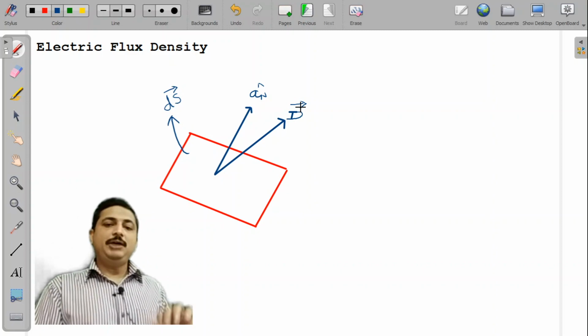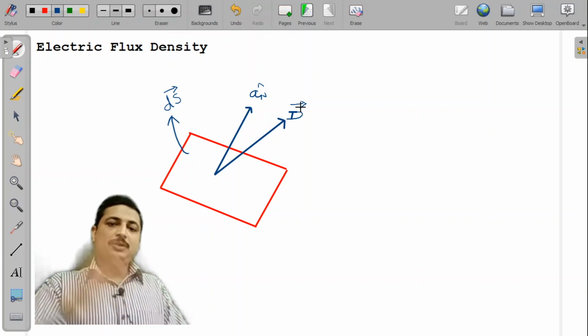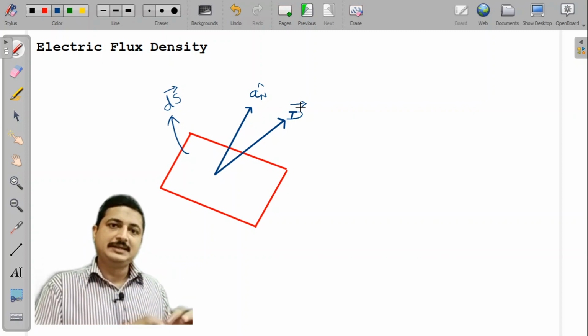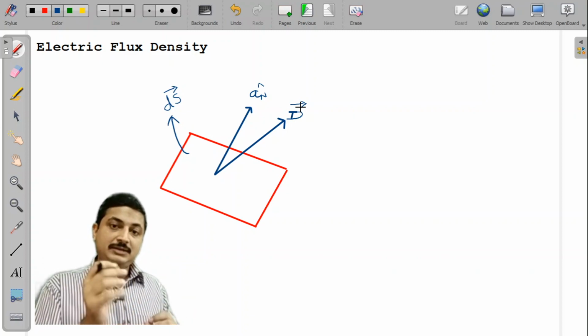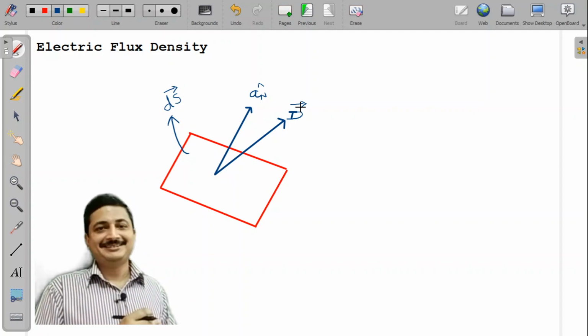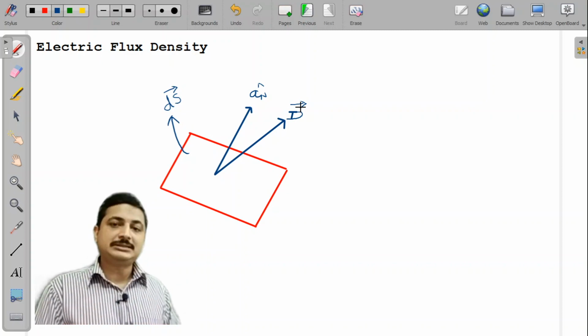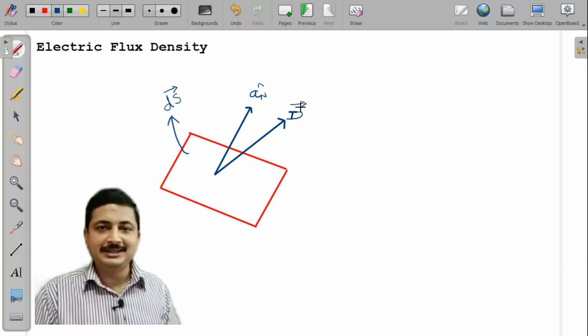Instead of representing so many flux lines passing through this small area, I represent it by a single vector known as the electric flux density vector. What does electric flux density tell me? It gives me how many flux lines are passing through this area ds.